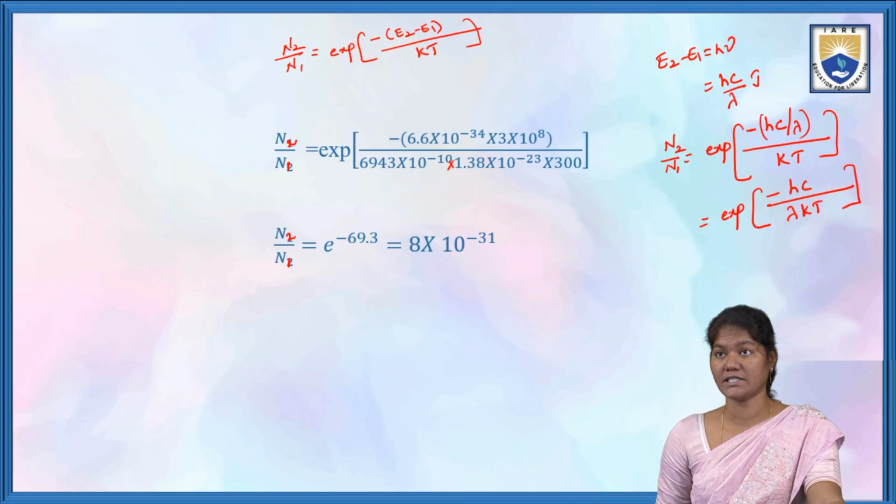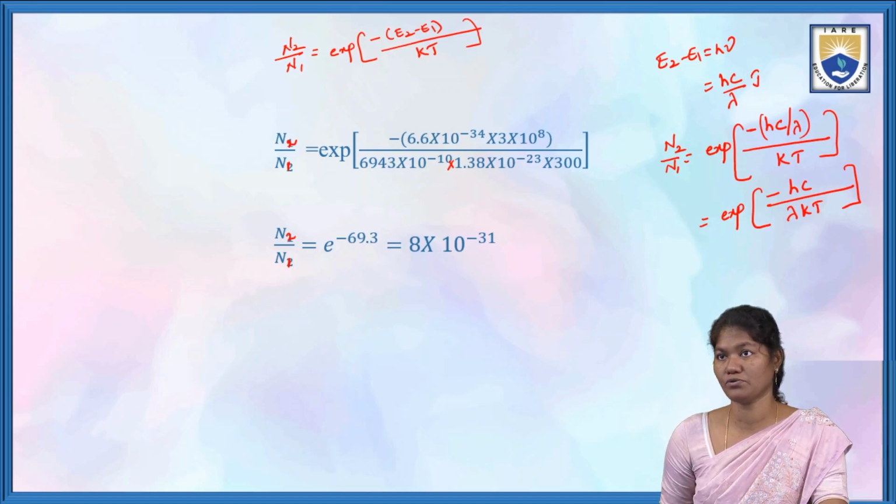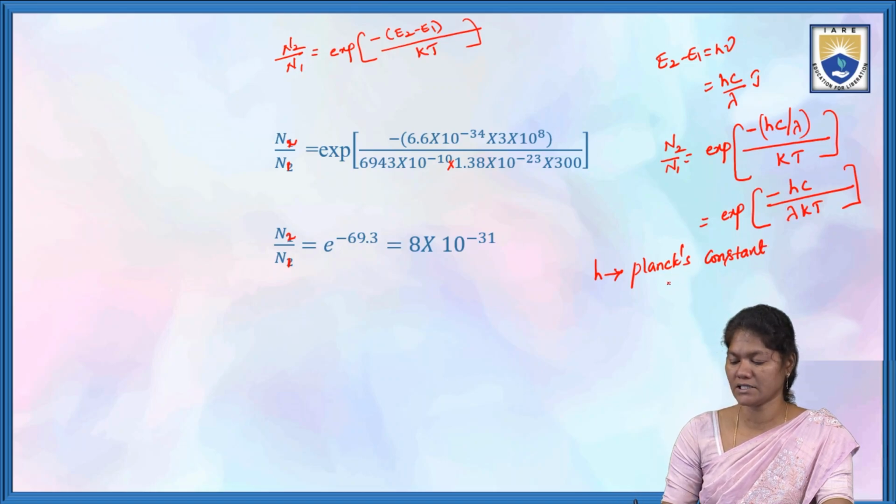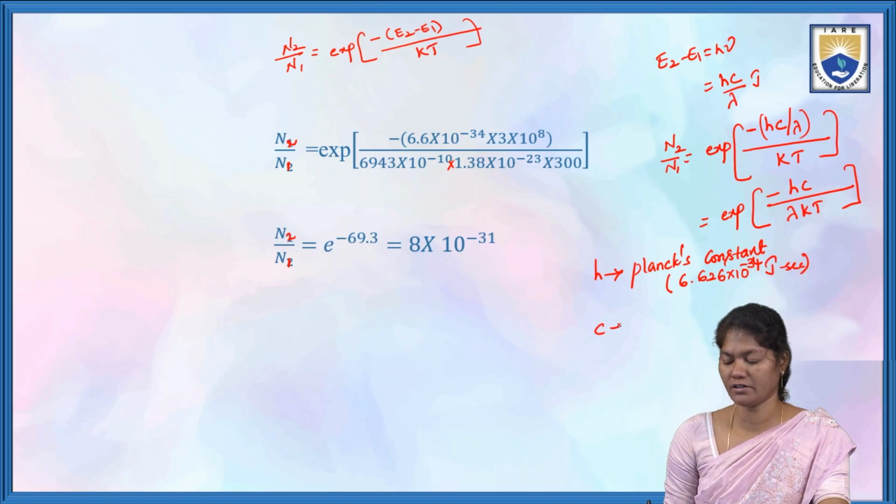Now we shall substitute the values of these parameters. As we know, h is the Planck's constant, and its value is 6.626 into 10 power minus 34 joule second, where c is the velocity of light.